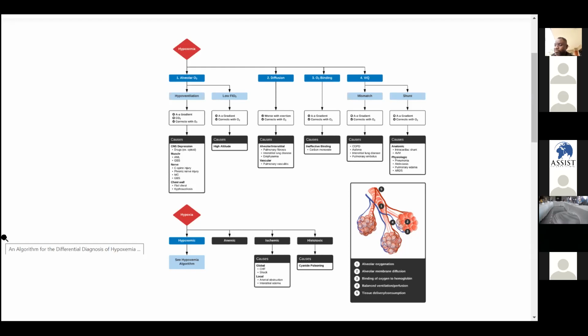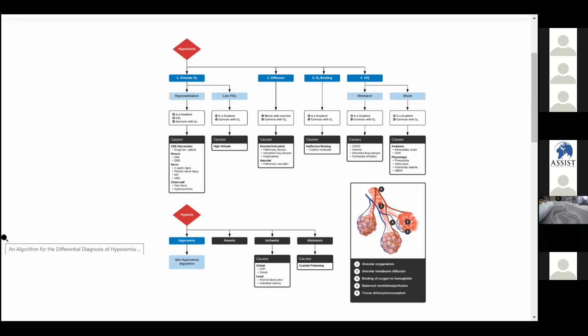As we can see, I will not go so much into detail because I think the algorithm clearly illustrates in detail how you classify hypoxia based on the causes, and some of the examples given under each classification. So with hypoxia, generally, you have a reduction in alveolar oxygen.